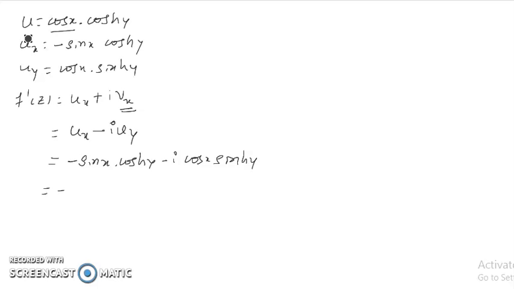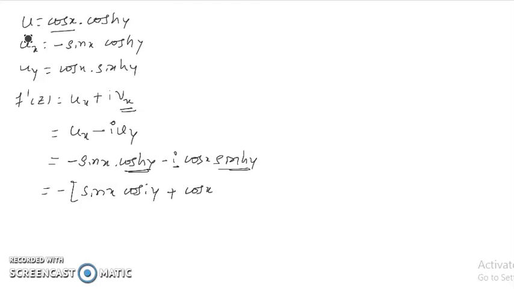So if I take the minus sign common, we get sin x cos hyperbolic y, which I can rewrite as cos of iy, and the i along with sin hyperbolic I can rewrite as sin iy, plus cos x as it is.